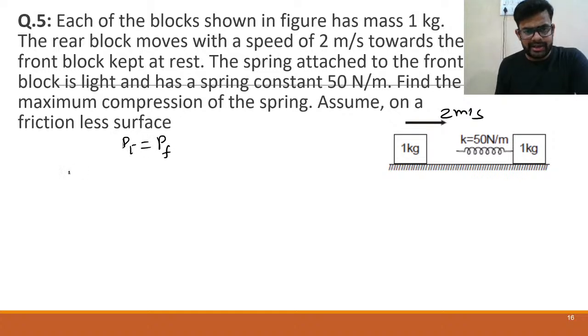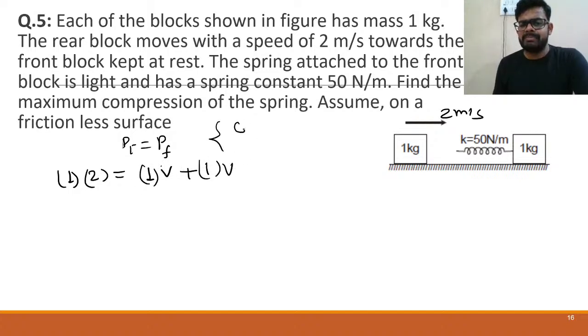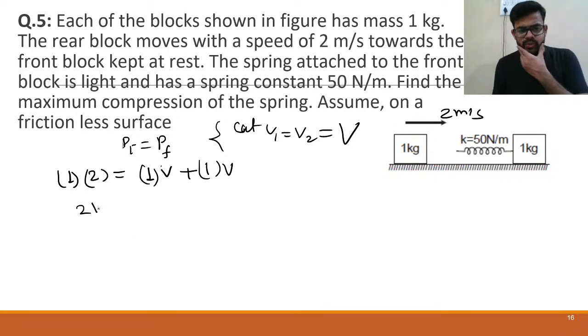I will write 1 into 2 equals final momentum, 1 into v plus 1 into v. Why? Because at maximum compression, V1 will be equal to V2 and I am considering that V. So we get 2V is equal to 2 and finally V is equal to 1 meter per second.